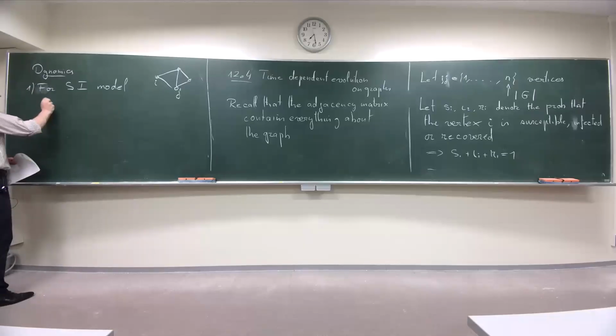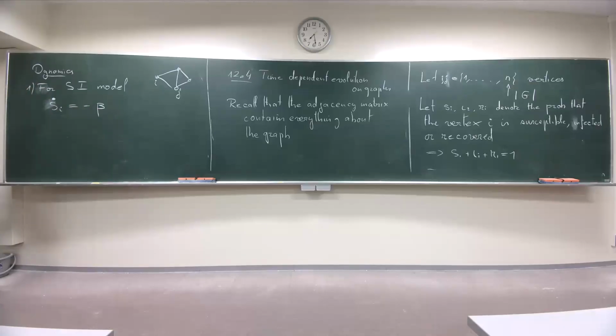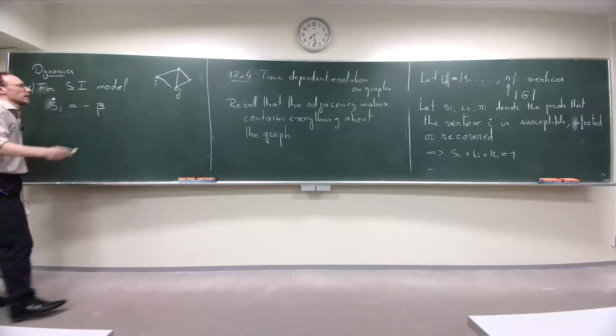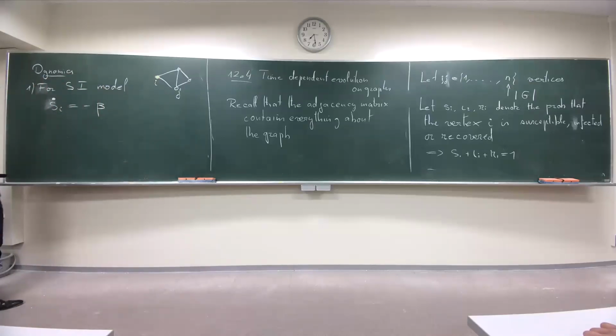So the derivative of SI is going to be minus beta, the same coefficient. But now, suppose this one is susceptible. The infected are going to be the red. What is the change of probability of the point I to become infected?